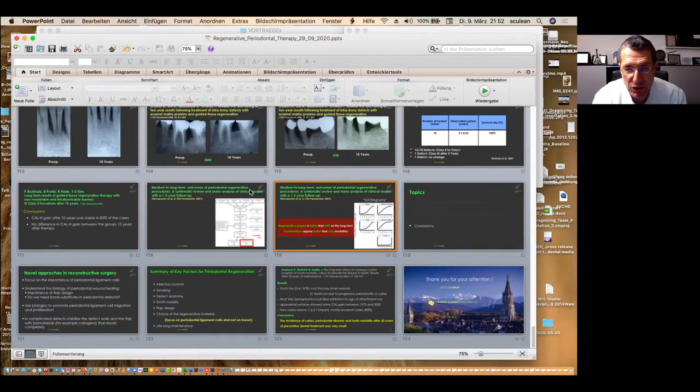You place some medication, and then the specialist is going to finish up the endo treatment, or immediately after. But don't wait too long, because I had cases at the beginning where I didn't do that. I was waiting, and during the healing, the tooth became non-vital, and then the outcome deteriorates. So this is very important. Always first the endo, because the pulp or the root canal may serve as a reservoir for bacteria. So we have to treat that area, close it, and then you go over to the perio treatment.